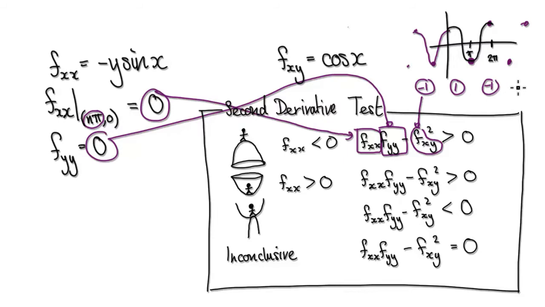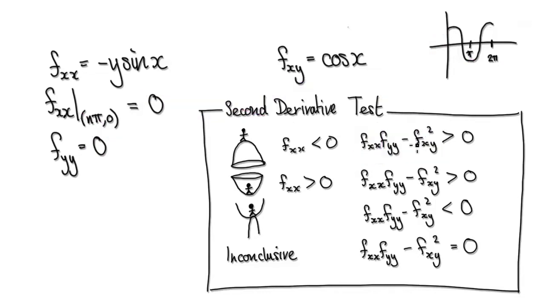Either way, you're going to square it, so that would give you +1. The fxx times fyy part is 0, and then you take away this squared term, which oscillates between -1 and 1 but when squared is 1. So 0 take away 1 would be -1. So this quantity here is actually -1.